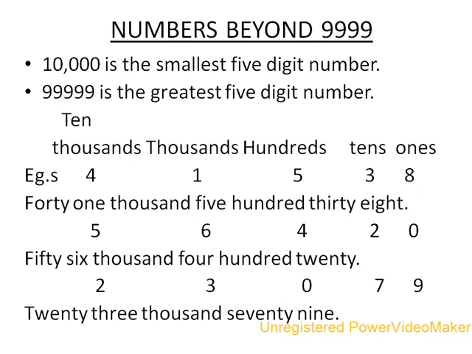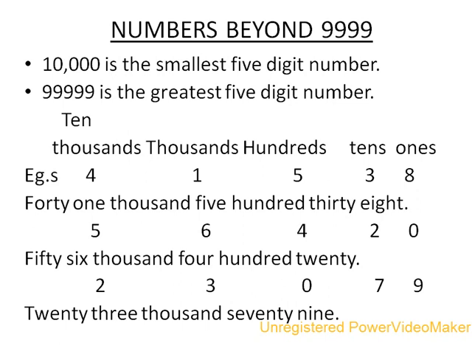Now see the other example, 5, 6, 4, 2, 0. Here 5 is at the 10,000 place, 6 at 1000, 4 at 100, 2 at 10 and 0 at 1. So it will be said like this, 56,420. See, I am reading 5, 6 as 56 because we have to read both the thousands together.